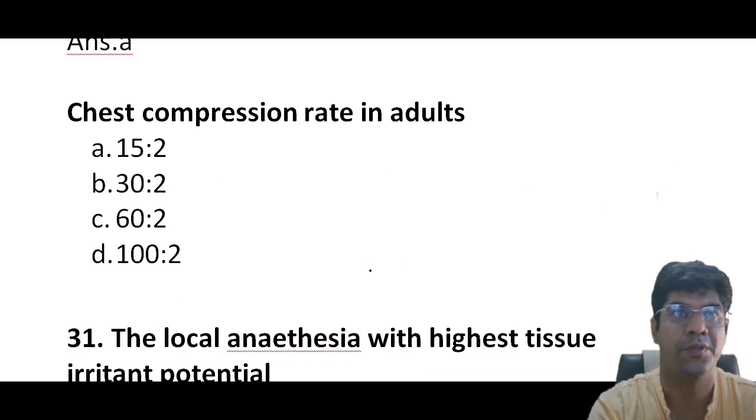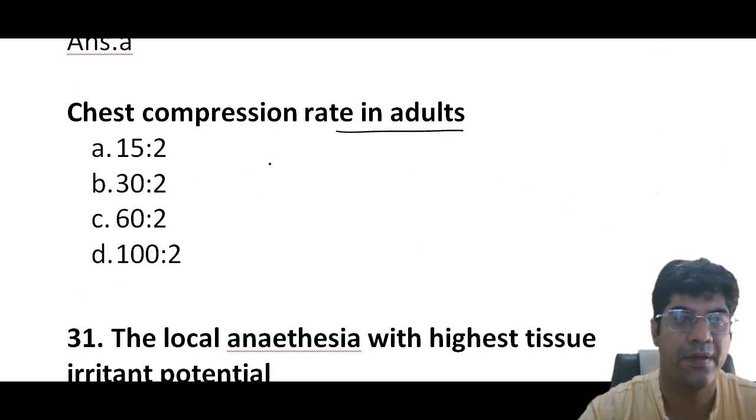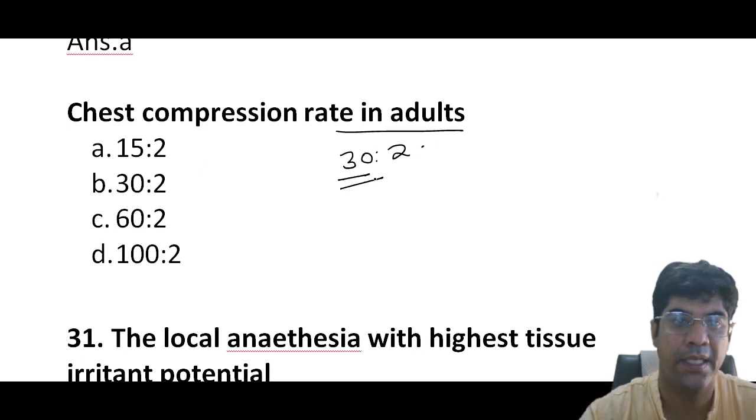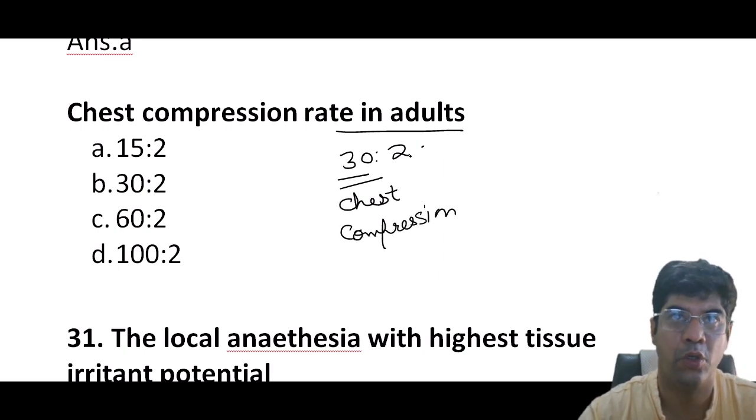Now coming to the next question, the chest compression rate in adults. Well, remember, in adults the ratio is 30:2. That means 30 chest compressions are given, followed by 2 breaths.